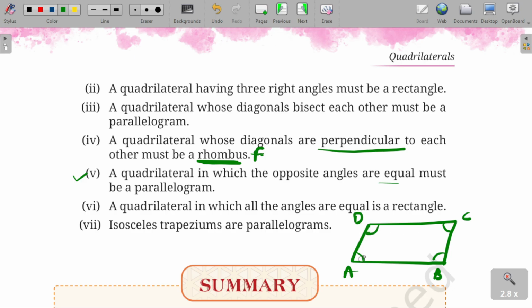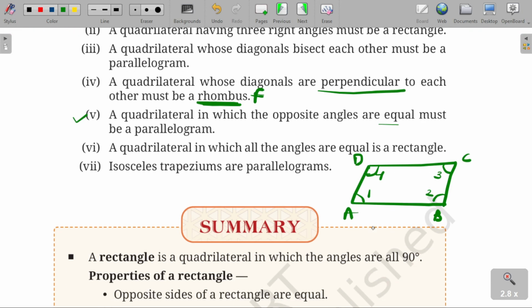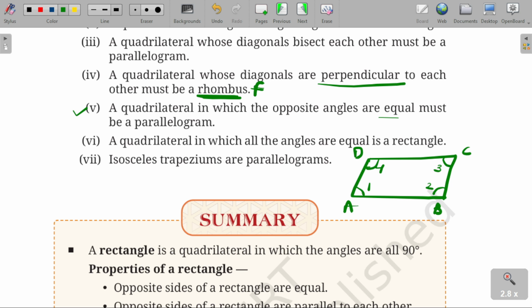This angle equals this angle. So the addition of all the angles is 360 degrees. Let's say they are 1, 2, 3, 4.